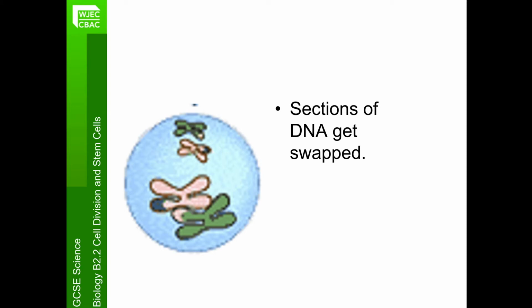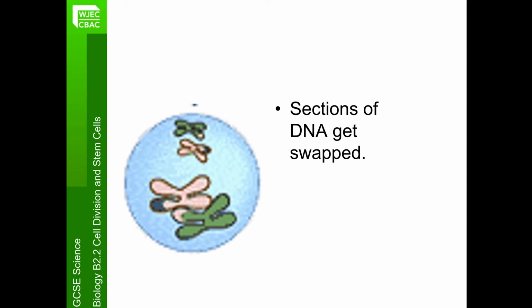It creates variation in the cells so that each sperm and each egg, each ovule and each pollen is carrying slightly different DNA. If this didn't happen, this crossing over and mixing up of DNA, every time your parents went to have another sibling, a brother or sister for you, then you would be exactly the same as them.